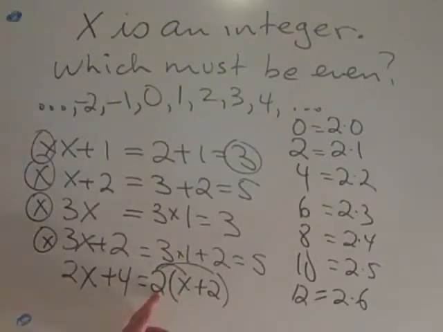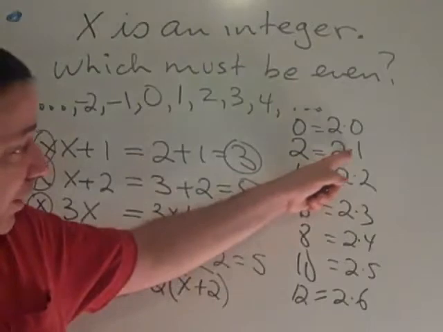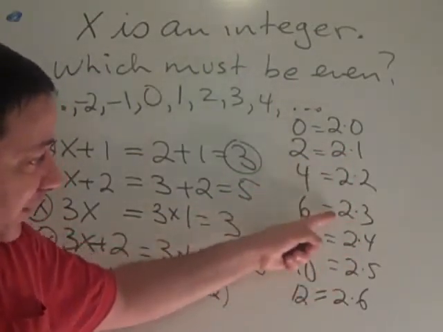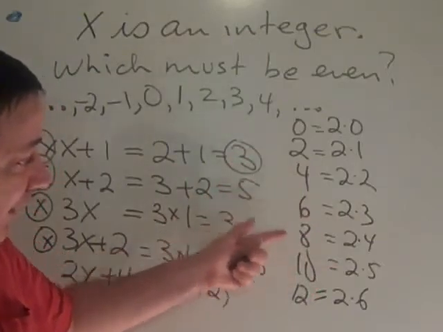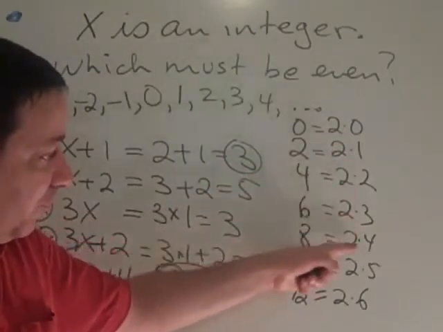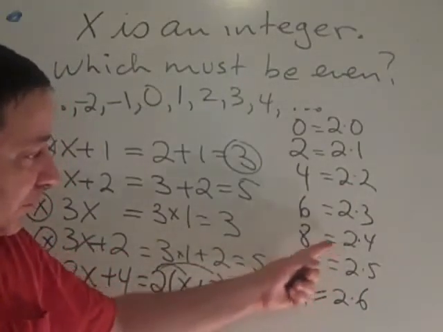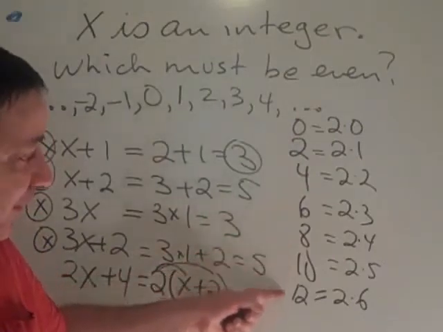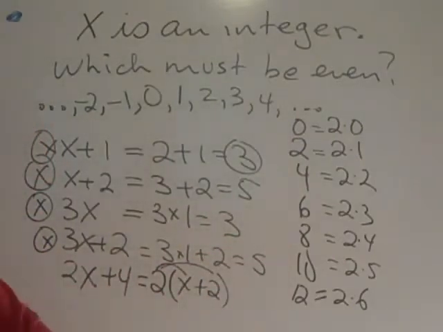When I multiply it by 2, it's even. When I multiply odd numbers like 1, 3, and 5, by good old 2, I get evens. If I take even numbers, 0, 2, 4, 6, and I multiply them by 2, I get even integers.